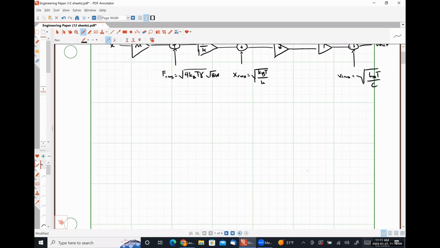The microstructure that you're going to be dealing with is going to be something like this.